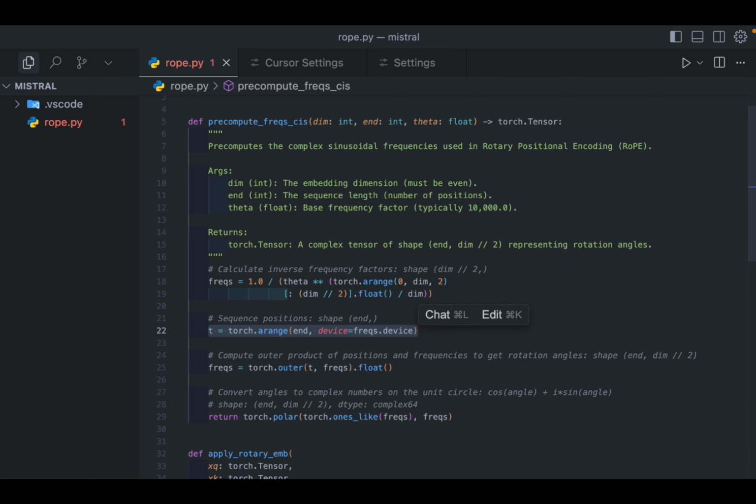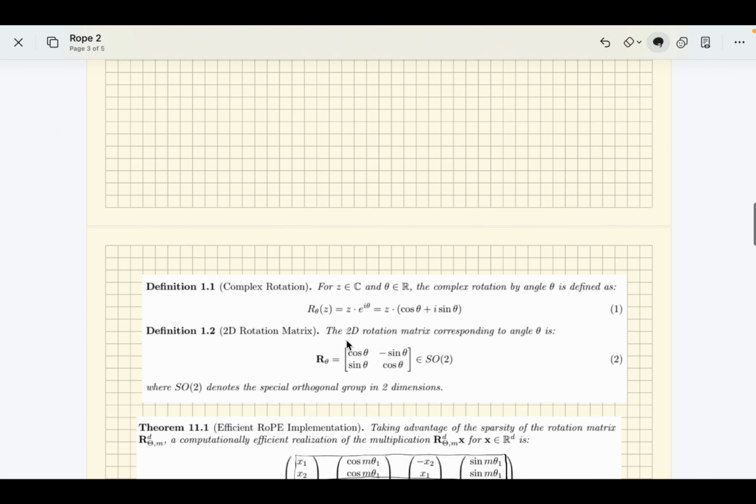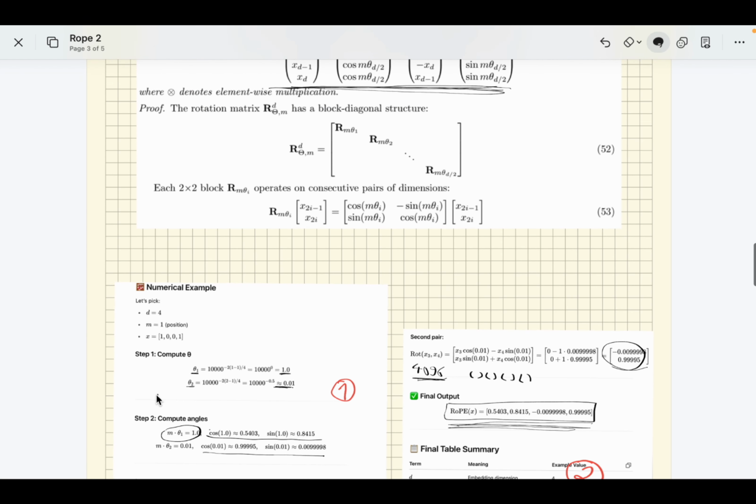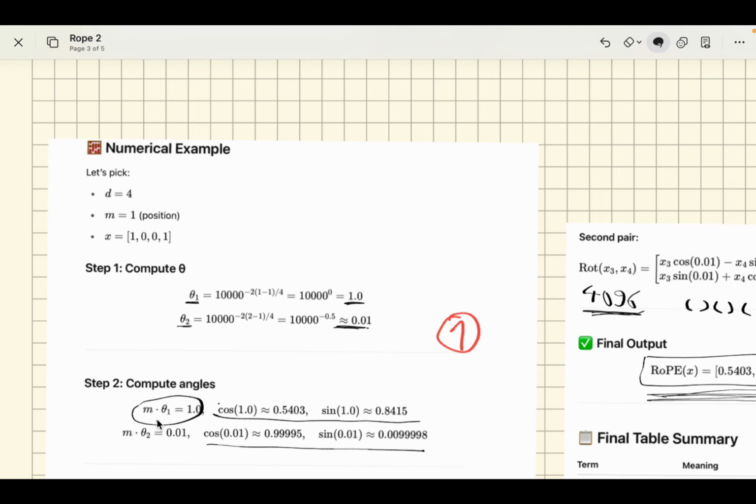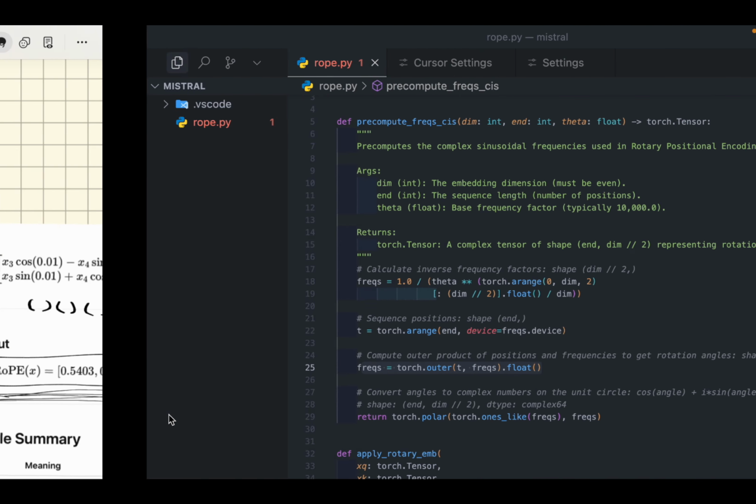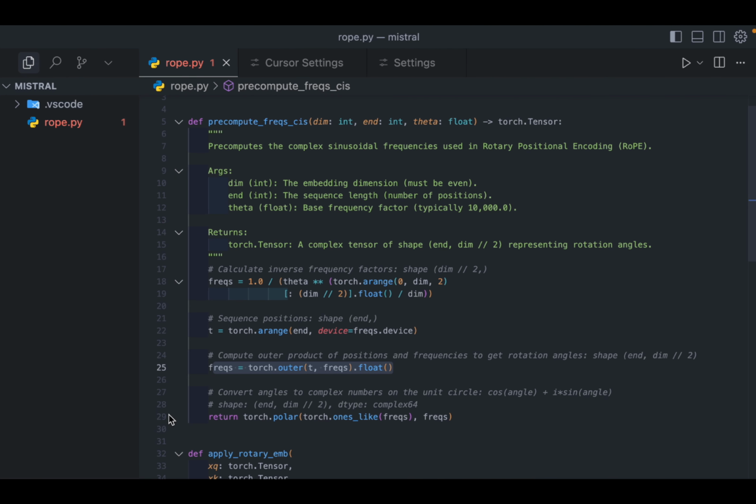Then we do an outer product to get the angles, m theta i for all m's and thetas, with this line right here. The shape of it would be end by half of the dimension. Then we turn them into polar format, as complex numbers, for doing the complex multiplication.